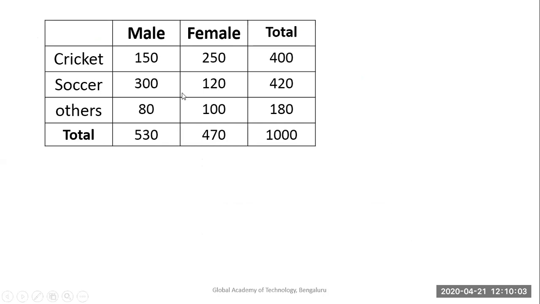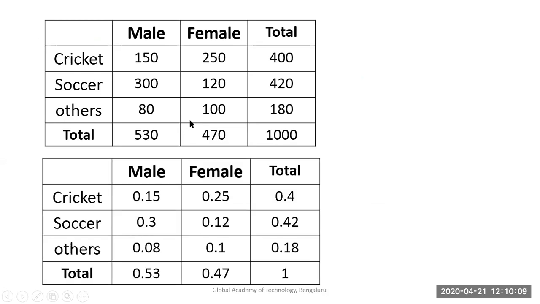Now let me divide each of these numbers by 1000, to convert them to proportions. We get 15% of the males like cricket, 25% of the females like cricket. Similarly, 30% and 12% of the males and females like soccer, 8% of the males and 10% of the females like other sports.